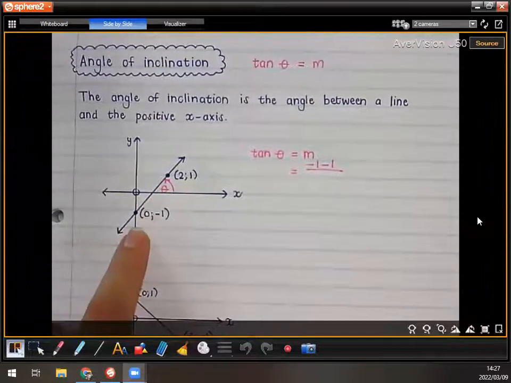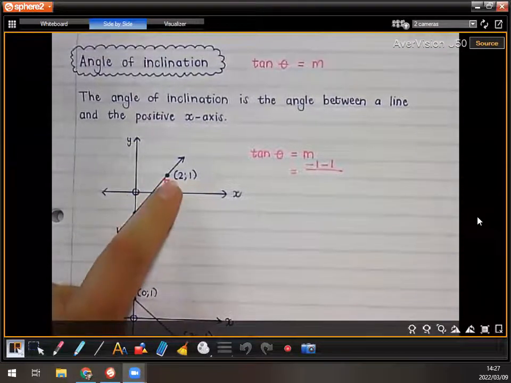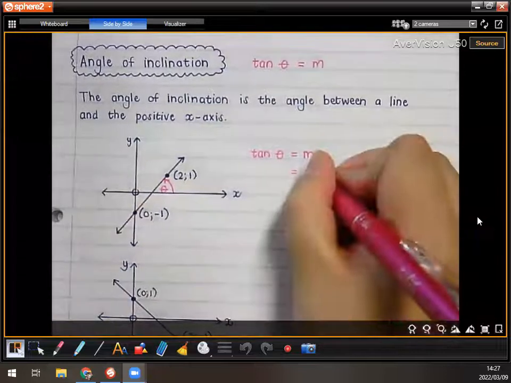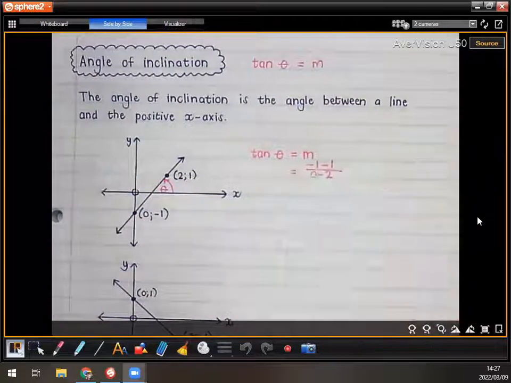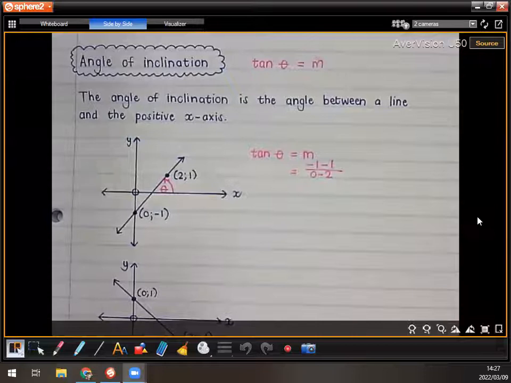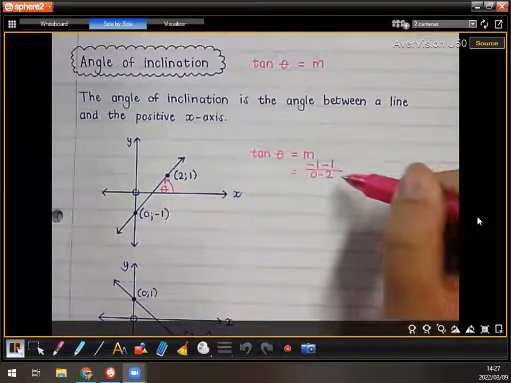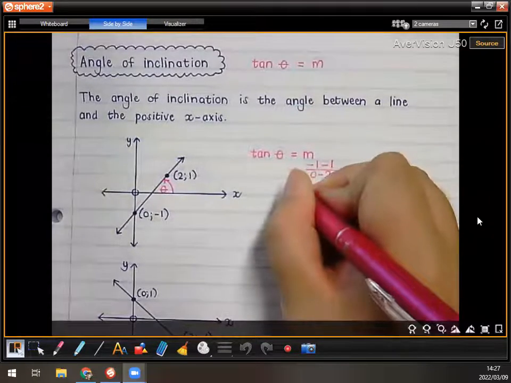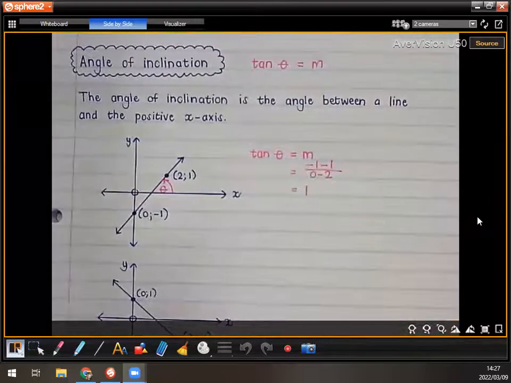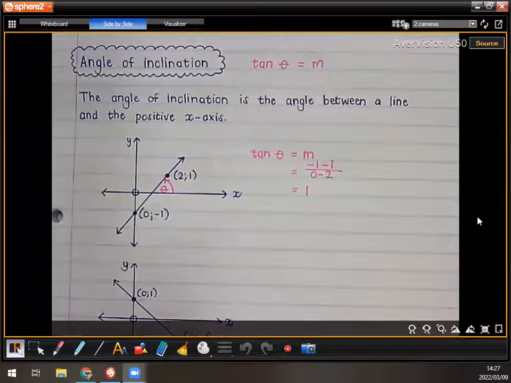Sorry. And then change in x: 0 minus 2. What's negative 1 minus 1? Negative 2. And at the bottom, we also get negative 2. So that gradient is 1. It's negative 2 over negative 2. The answer is 1.